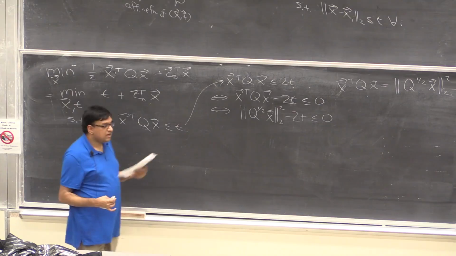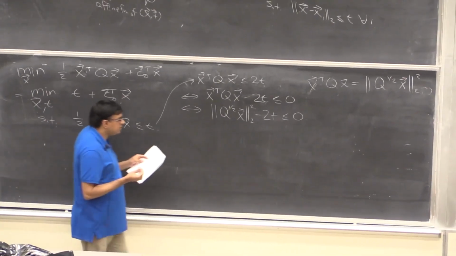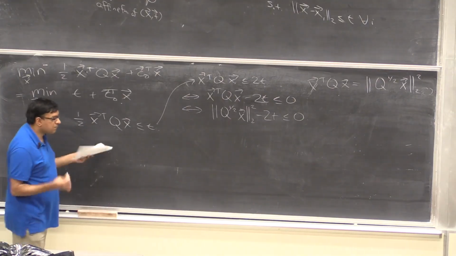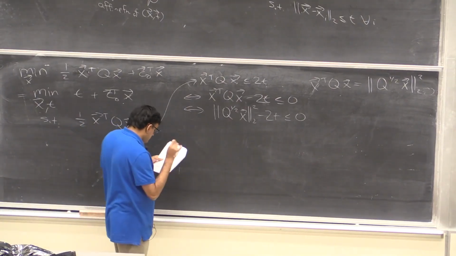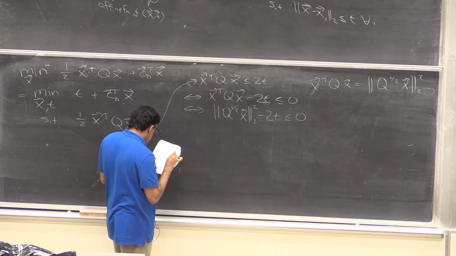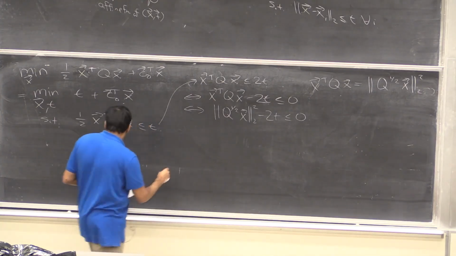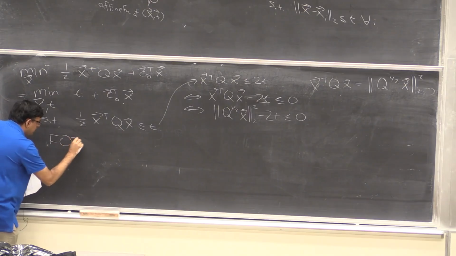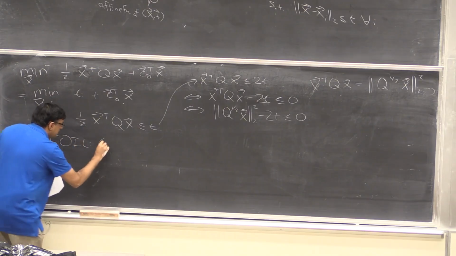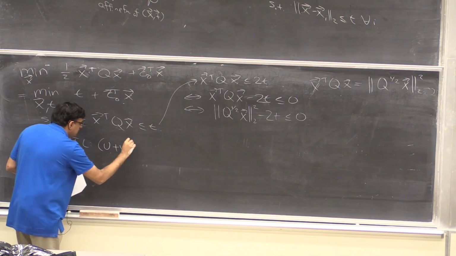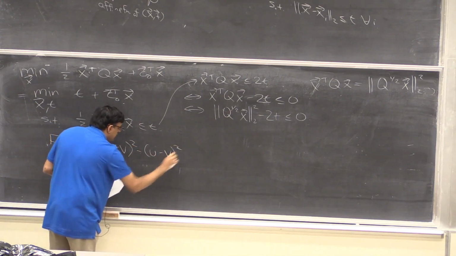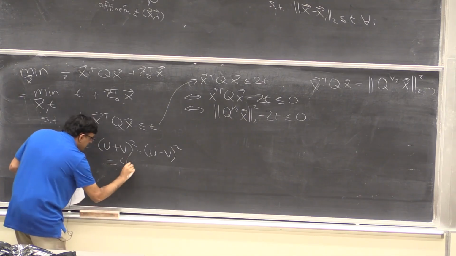And for this, we'll use an identity, which is derivable by just expanding out, like FOIL, basically, which is that, let me write this over here. So by FOIL, we get (u plus v) squared minus (u minus v) squared is equal to 4 times u times v.